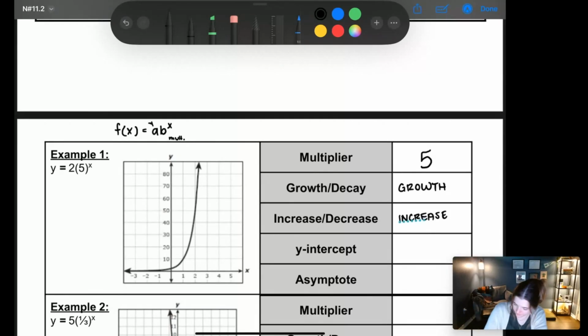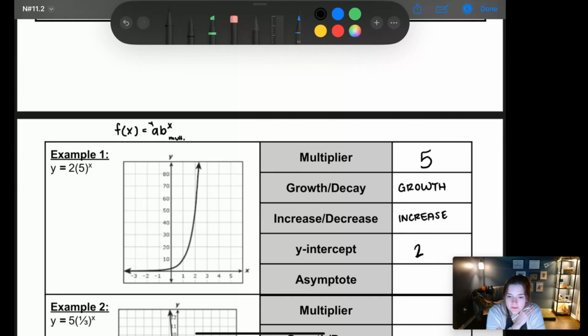All right. What about our y-intercept? Well, if a is our y-intercept, what is our a here? 2. Okay. Now, the last thing it asks for is the asymptote. What is the asymptote? A line that the graph approaches and gets close to, but never reaches or touches.